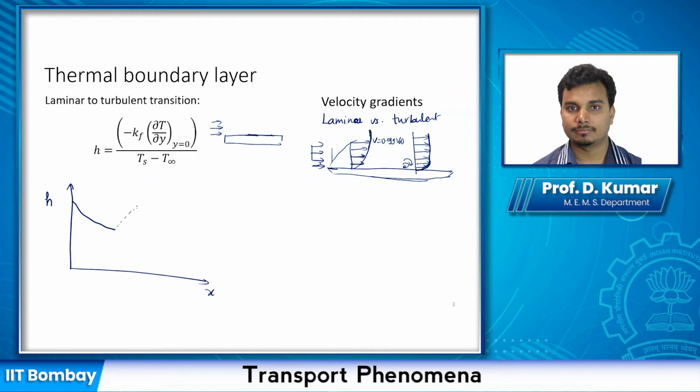So again, what will happen is essentially your heat transfer will suddenly, after this transient region, when flow is turbulent, your heat transfer coefficient will increase, and then it again decreases because your boundary layer thickness keeps increasing. Okay, so this is your laminar region.